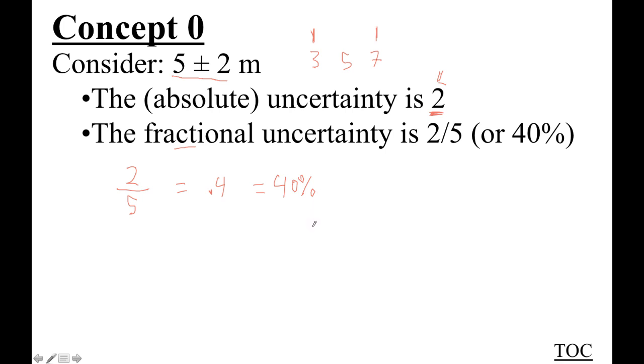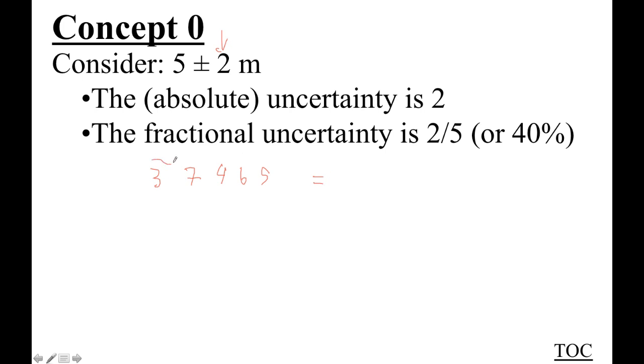The other valid question that you might have is, how did we get this 2? Where did this guy come from, right? So this could come from multiple trials. Let's suppose we measured this and we got a 3, and then the next time we got a 7, and then we got a 4 and a 6 and a 5, right? We could average all those and say the average is 5, right?